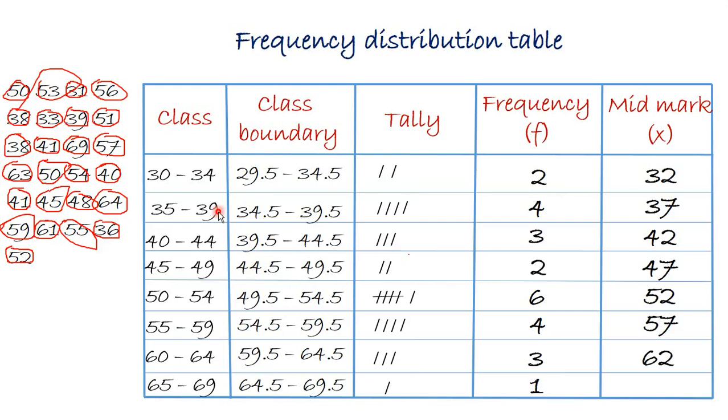And lastly, 65 plus 69 divided by 2 is going to give us 67.